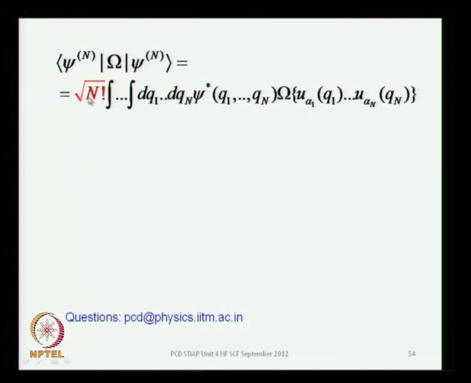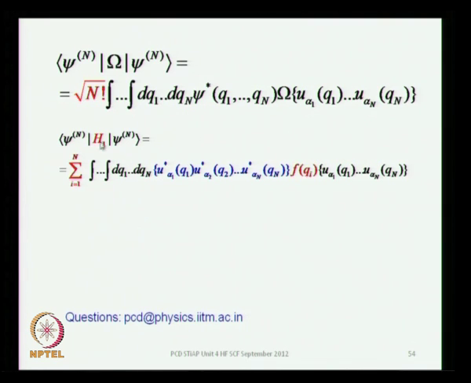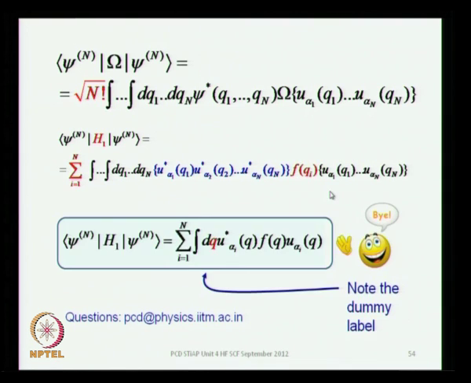This is your original expression that you began with, and for omega equal to h1 you pack all of these integrations together and you find that it is just a summation over I going from 1 through n of these single particle integrals, and you do not need to label this as q1 or q2 or q3 or so on, because all of these are dummy labels. Who cares what you call it, right. A rose is still a rose no matter what you call it.